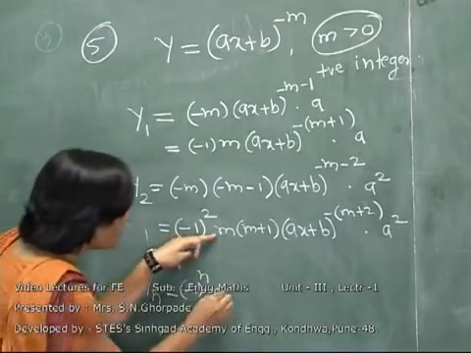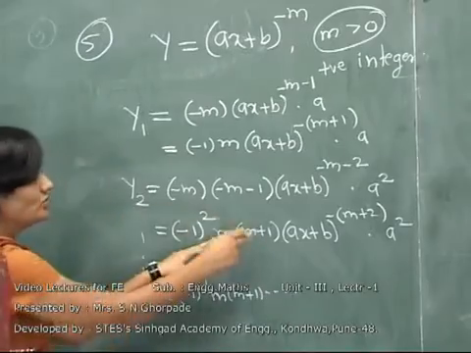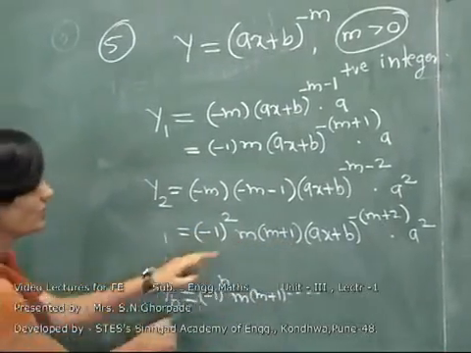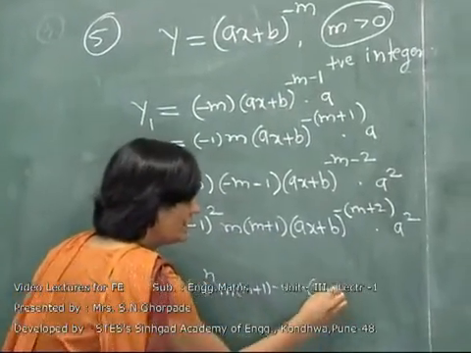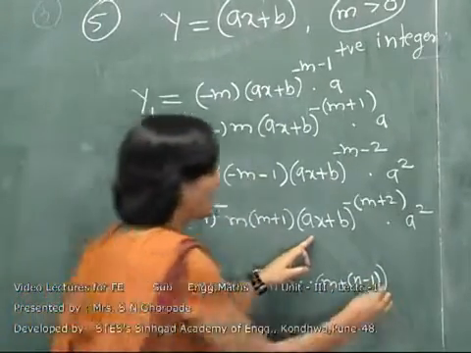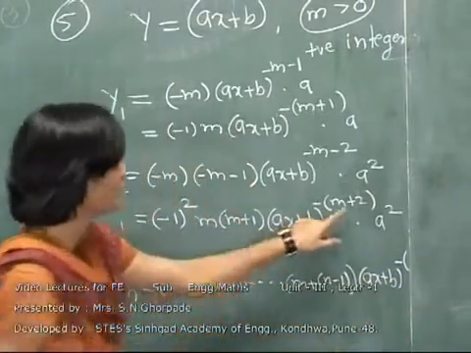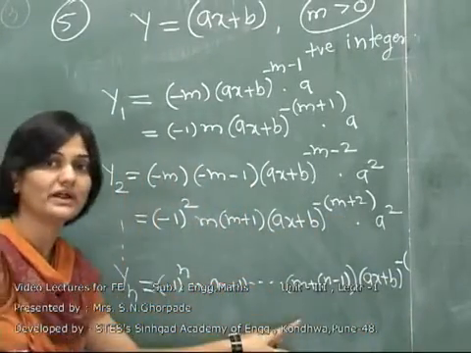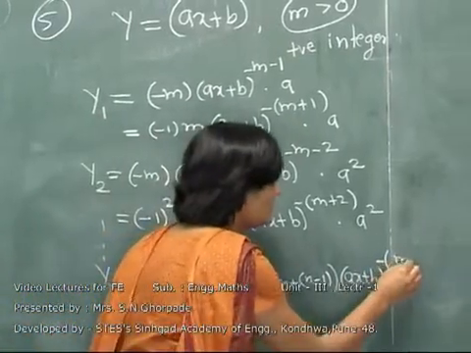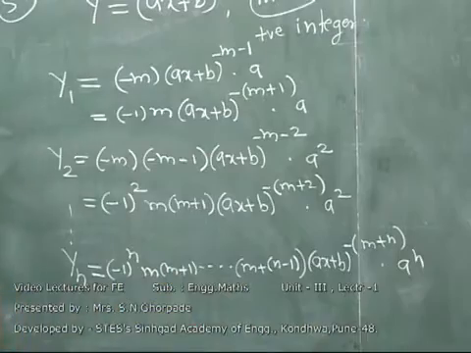This product is up to what? M plus 1 and so on. For 2 it is 1. And hence for n it will be m plus n minus 1. Ax plus b raised to minus of, for 2 it is m plus 2, and hence for n it is m plus n, multiplied by a raised to n.